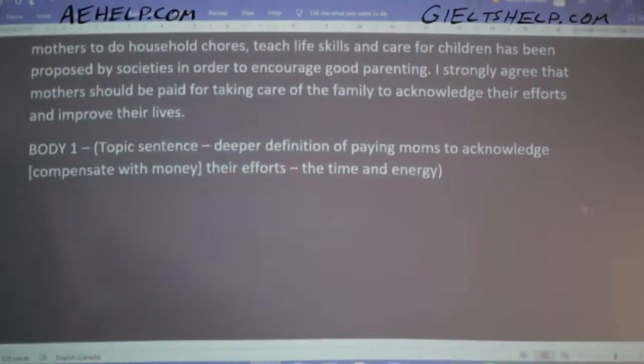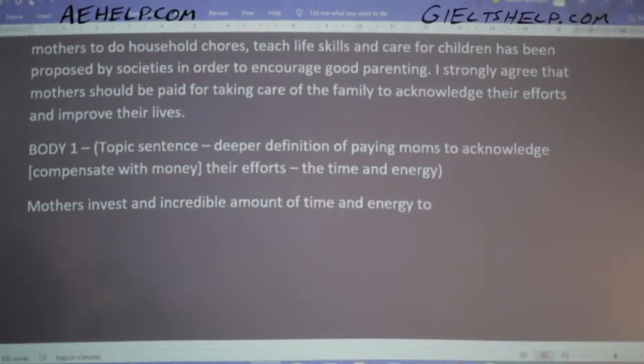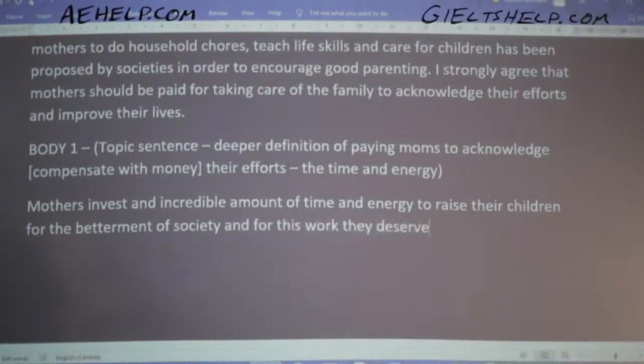So, mothers invest an incredible amount of time and energy to raise their children for the betterment of society, and for this work they deserve monetary compensation just like any other service job.